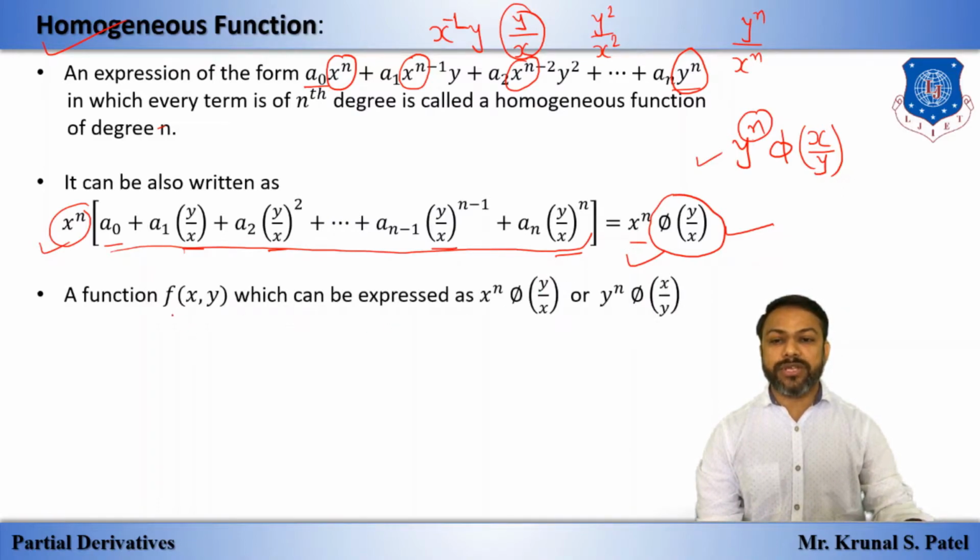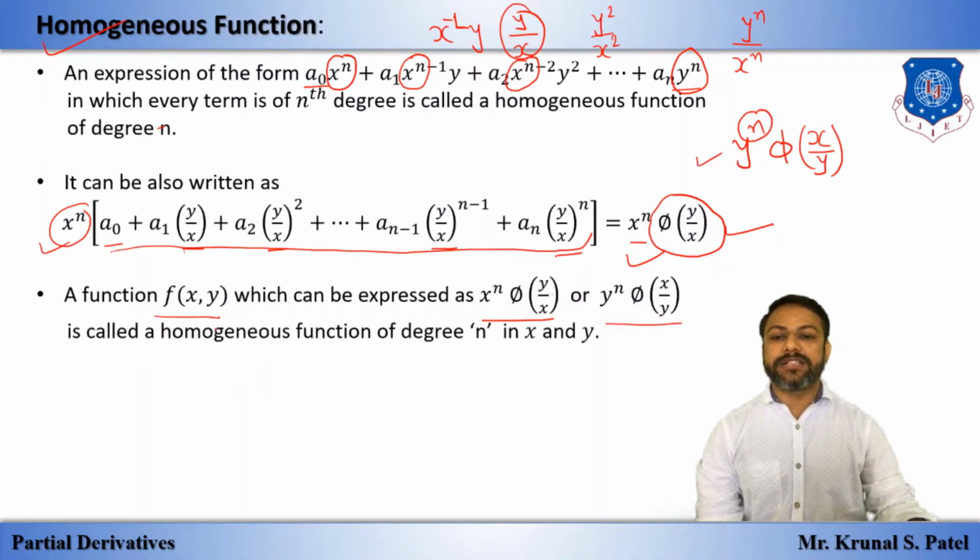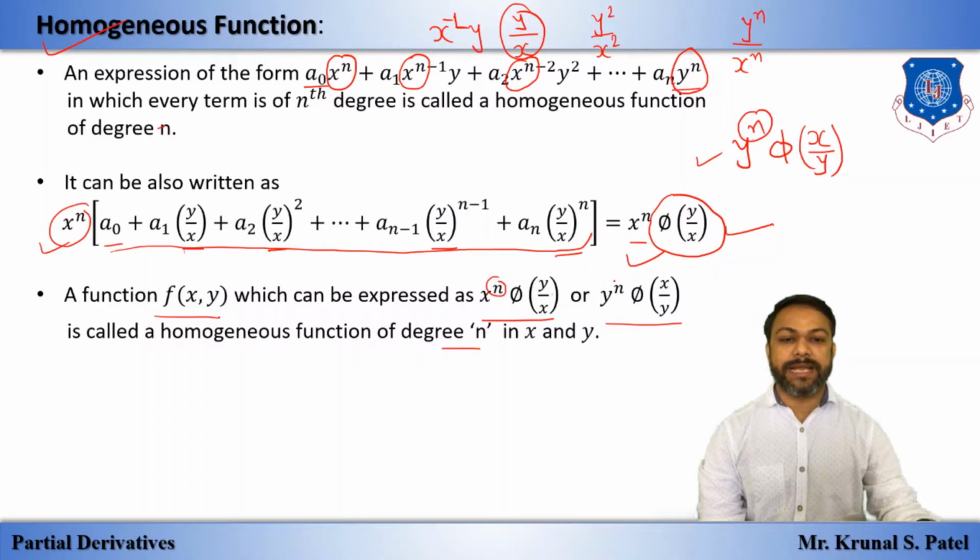So a function f of x y, which can be expressed as x raised to n phi of y by x or y raised to n phi of x by y, is called a homogeneous function of degree n, in two variables x and y.